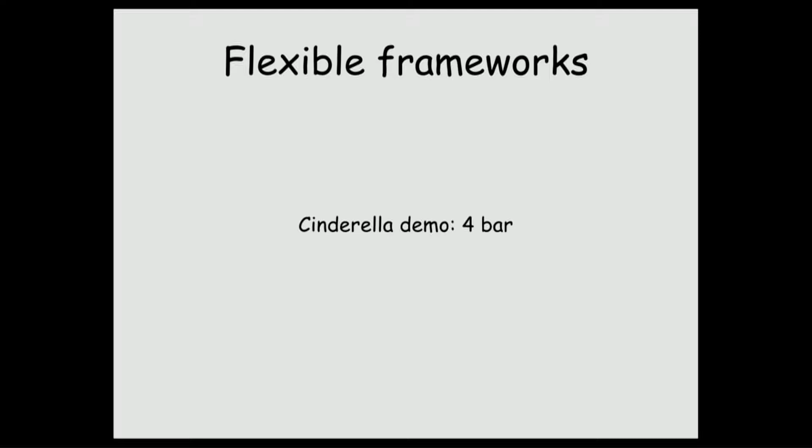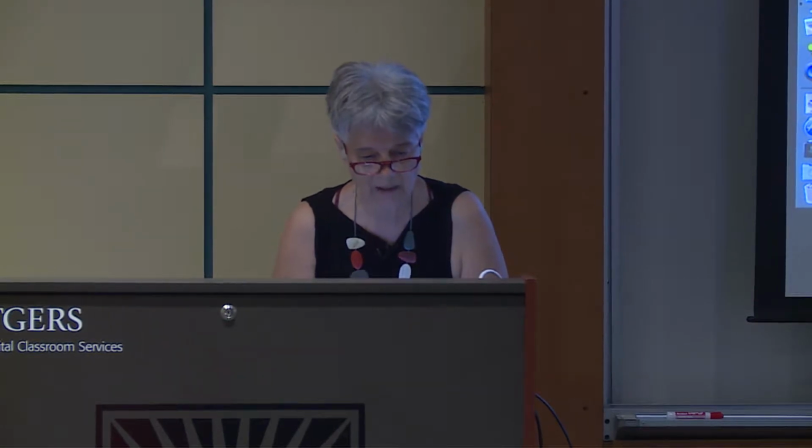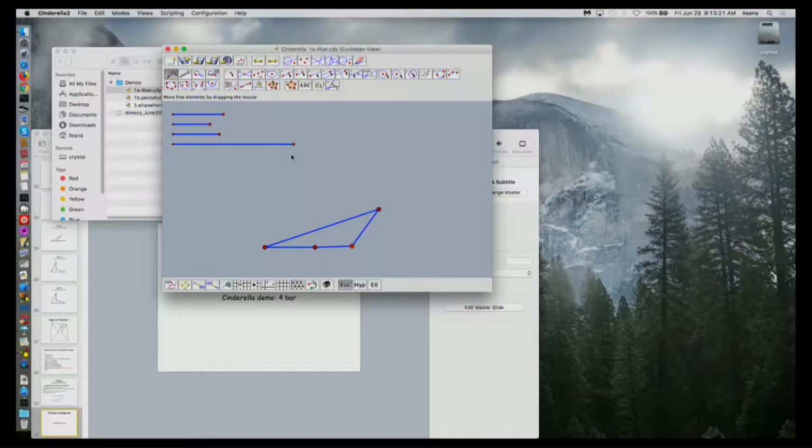This is not a very complicated example, but I want to show you that simulating these motions and getting a sense of these properties is very easy when using some dynamic geometry software.